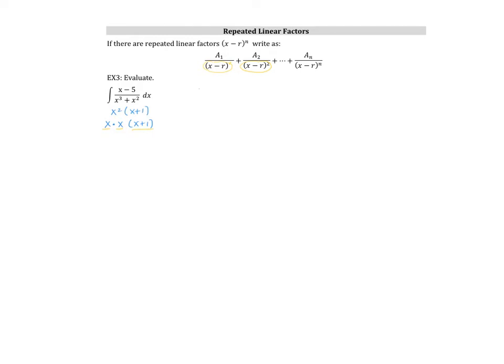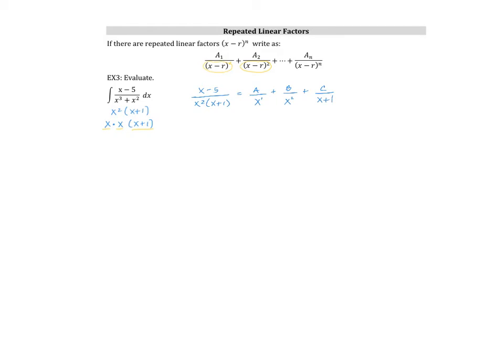So when we break this up, x minus 5 over x squared times x plus 1, it's going to be a over x for the first time you see x, plus b over x squared because we have a second x, plus c over x plus 1.